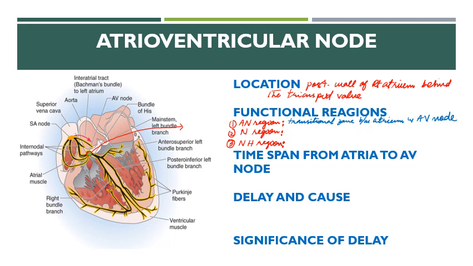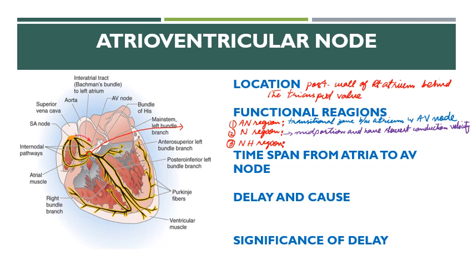The N region is the mid portion and has the slowest conduction velocity.